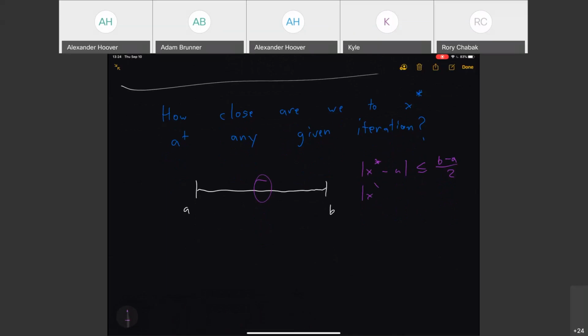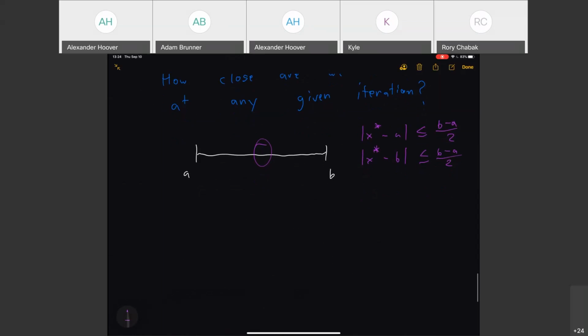The same thing is true if we think about the distance between a and b. If we think of the distance of our root from b, at most it's going to be (b minus a) over 2, right? So if we were to take a midpoint, if this was to be our p, then the farthest it would be is half the length.